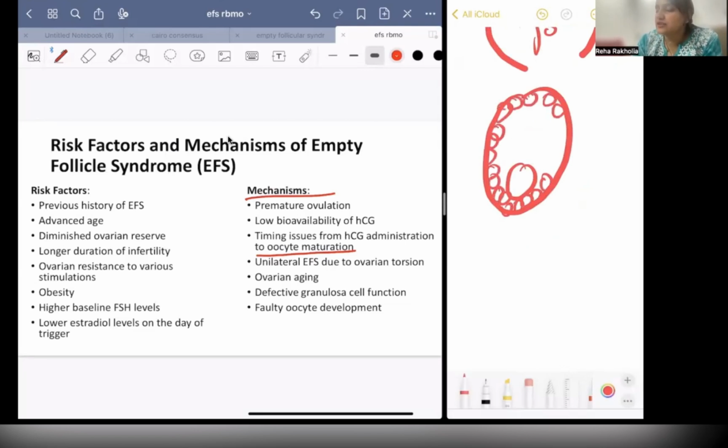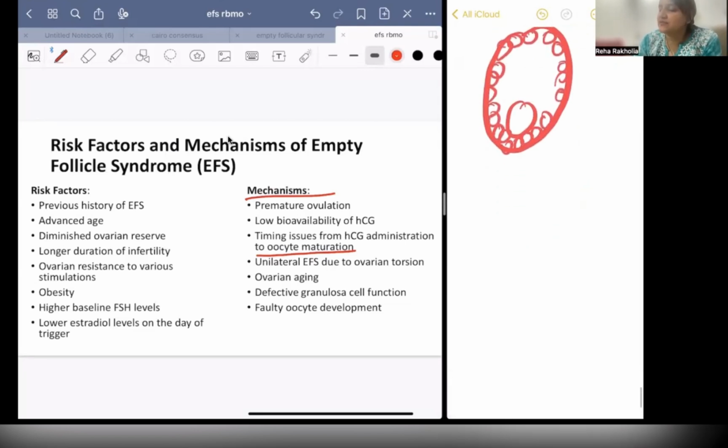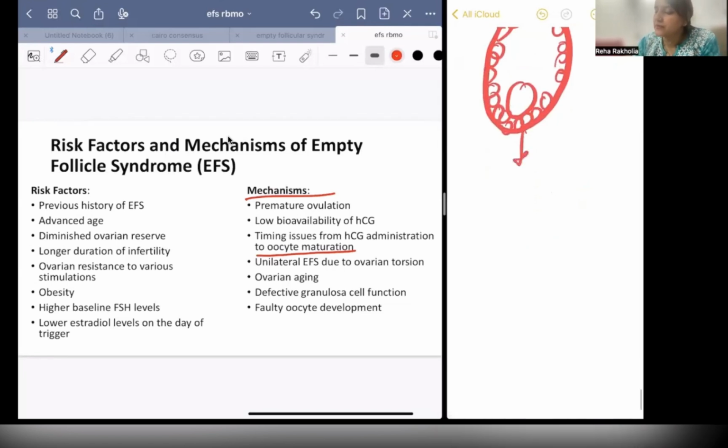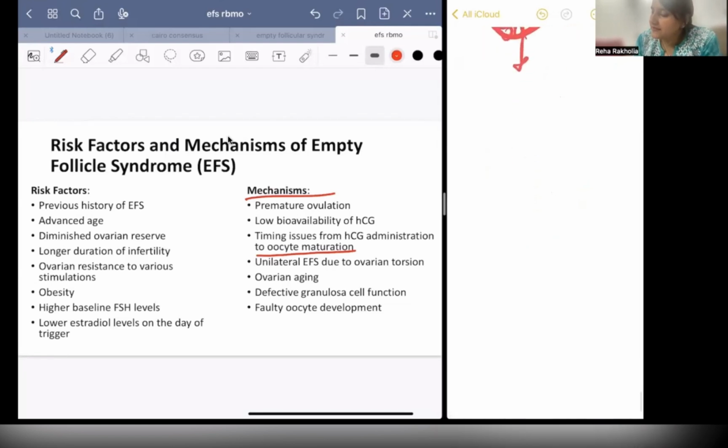There won't be cumulus expansion. So that's why we won't be able to get the oocyte. Defective granulosa cell function, same mechanism. Faulty oocyte development, same mechanism. We won't be able to get the oocyte, which you usually get after the cumulus expansion.